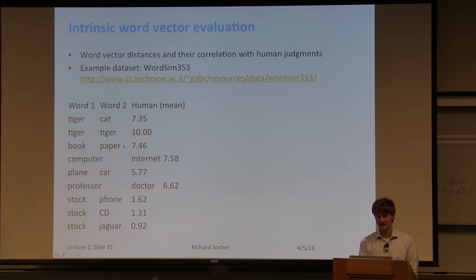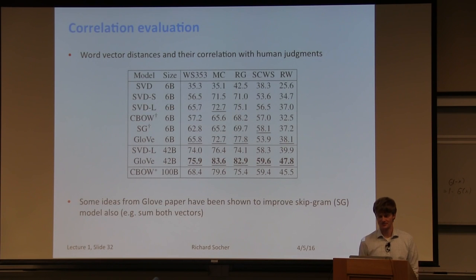Here's basically a random sample. So professor and doctor is 6 out of 10 on similarity according to a couple of human judges, but stock and CD is only 1.3. And now you can also look at basically just correlations between these different vector distances and the human judgments. And you want to basically have high correlation.